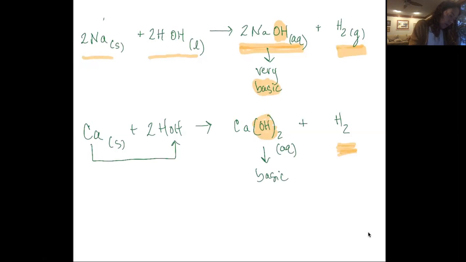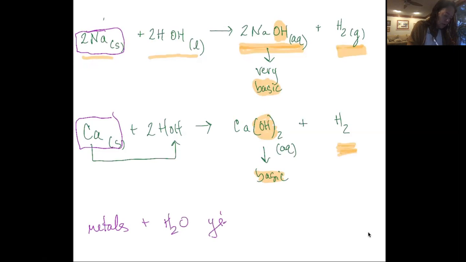And one thing you can go ahead and put, oops, that's not pretty. One thing you can go ahead and realize, we'll probably bring it up when we talk about acids and bases, is metals, I'll write it, metals plus water yield basic solutions.